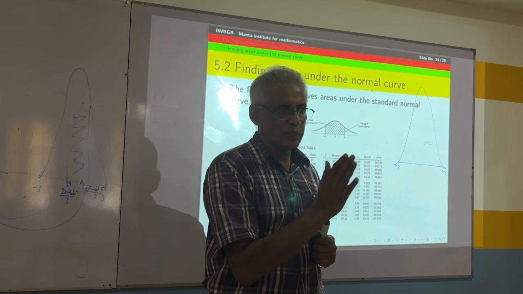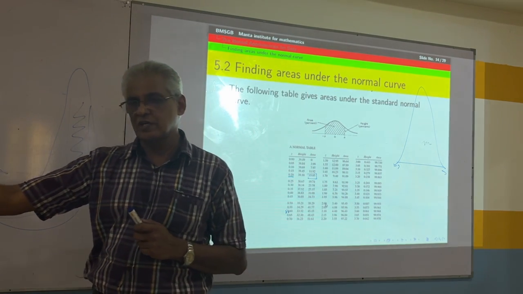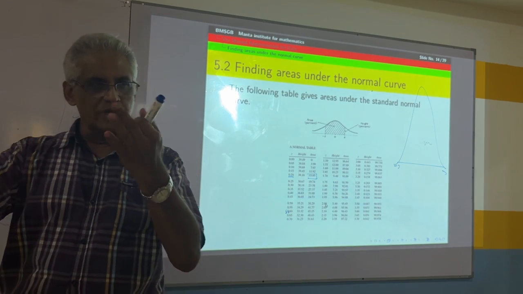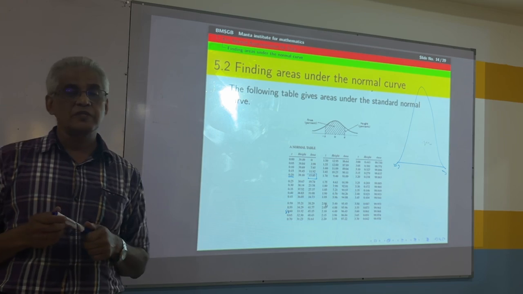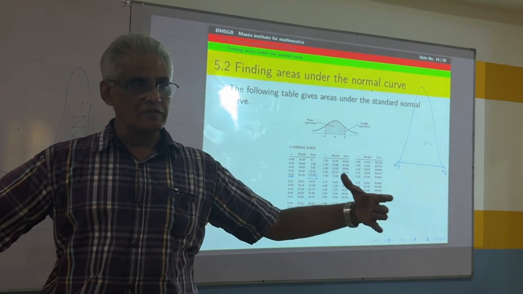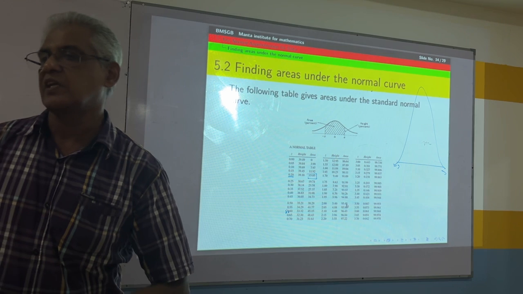Right? So minus 2 means 2 standard deviation below mean, plus 2 means 2 standard deviation above mean. We already know for the symmetric distribution like that, approximately 95% of the area should be between 2 standard deviation from the mean. So if you look at 2 here and area here, you can see that is 95.45. So that's what we mean by approximately 95%.